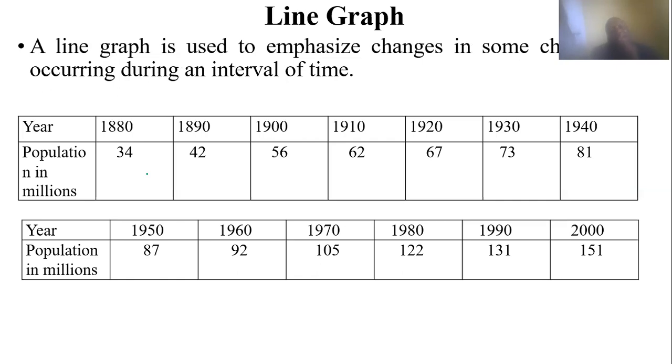I have these data here, showing the population of our country from 1880 to 2000. It's an interval of 10 years. We're showing this population for an interval of 10 years, so we can draw these intervals to show how this population is being affected. And this is how we proceed.